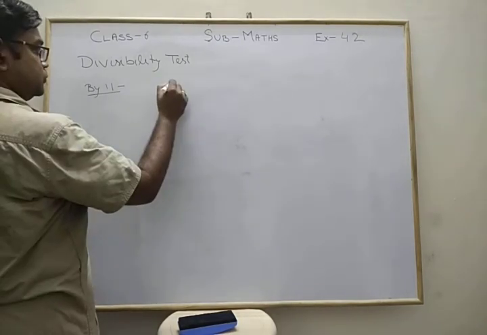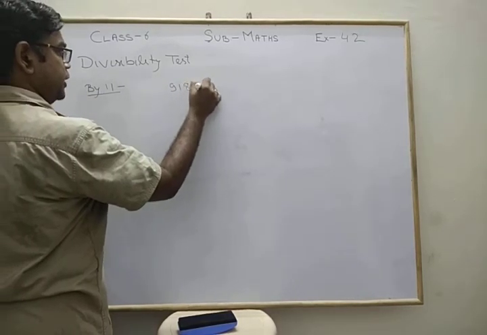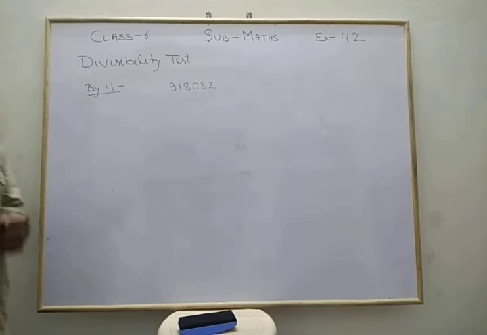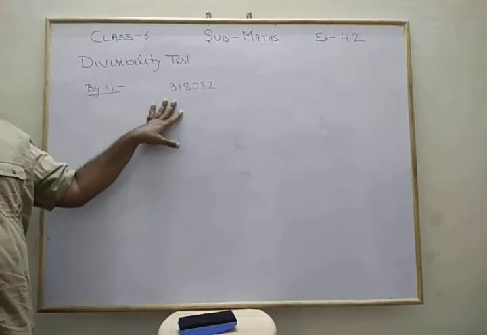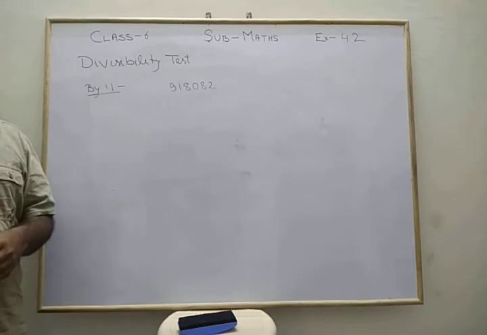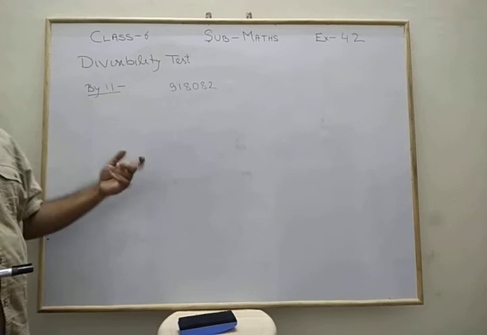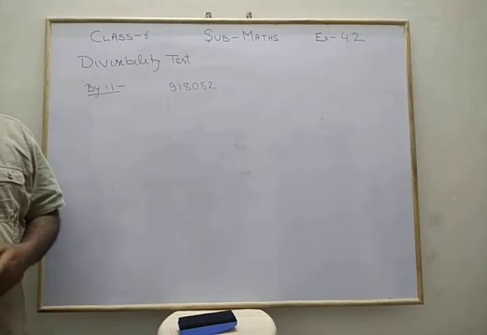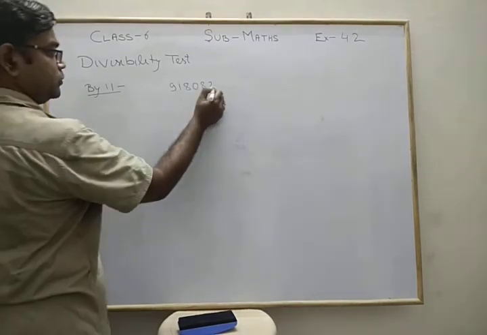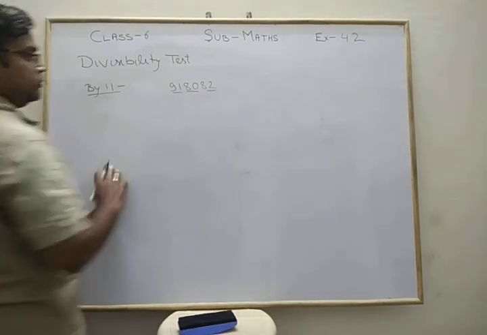I am choosing the example 918082. This is a 6-digit number. The question asks whether it's divisible by 11 or not. So let me check. We divide this number into blocks of 2 digits from right to left. The first block is 82, the second block is 80, the third block is 91.